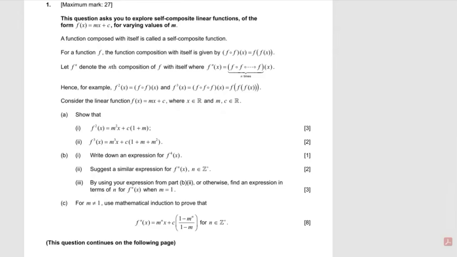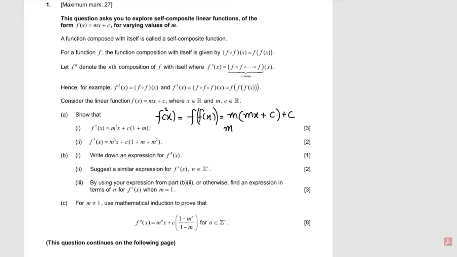Consider the linear function f(x) = mx + c, where x is a real number and m and c are real numbers as well. Part A1: show the expression for f squared, or f(f(x)). To find f squared of x, you can write f of f(x) and put the function inside itself: m(mx + c) + c.